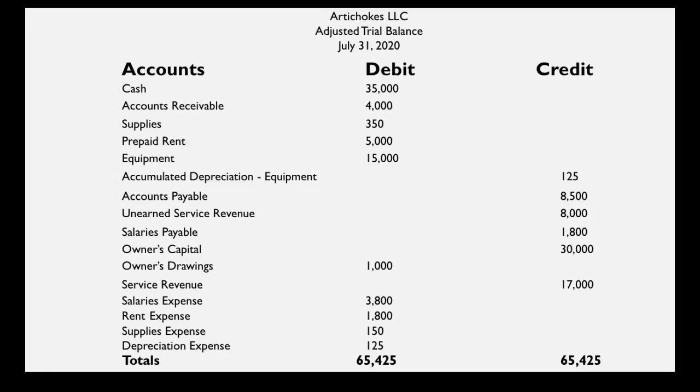So there's a certain order that they go in. The first that you make is the income statement. So the income statement has revenues and expenses. So you'll notice up at the very top, we have our company name, we have which statement we are preparing, and then we have for the month ended July 31, 2020.